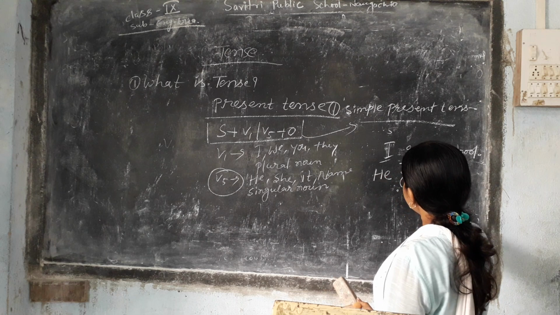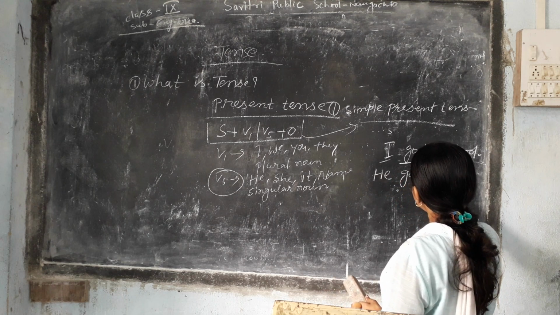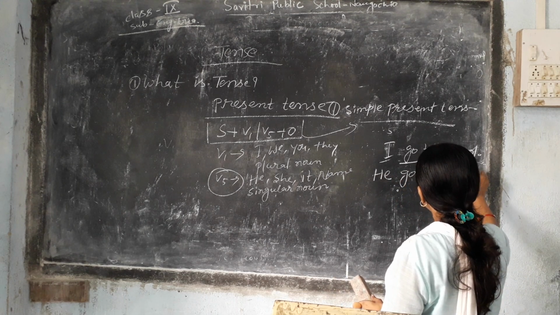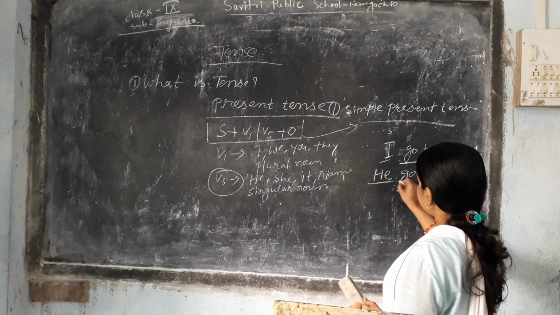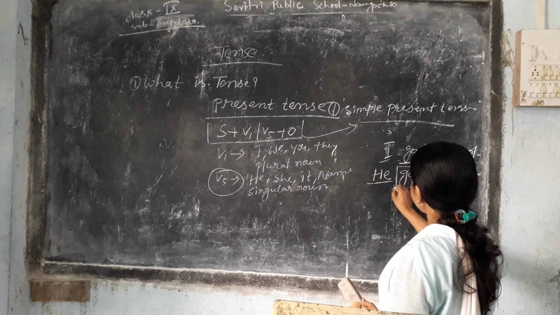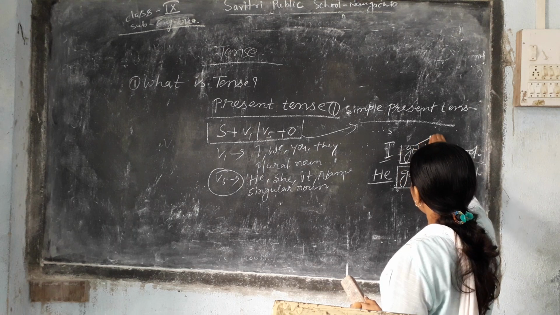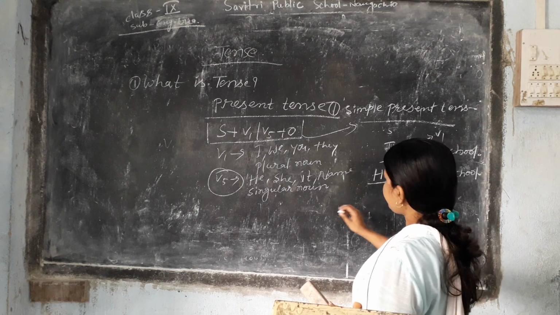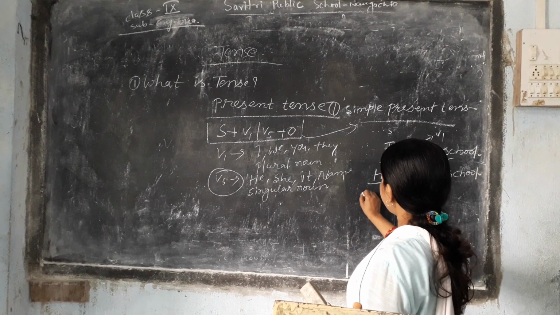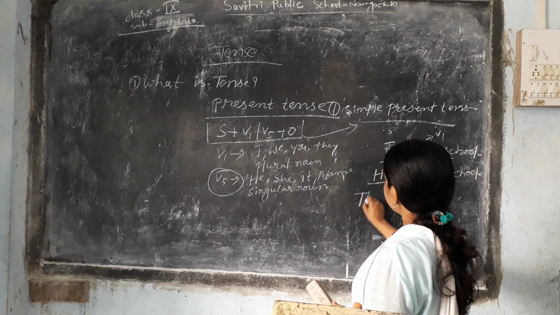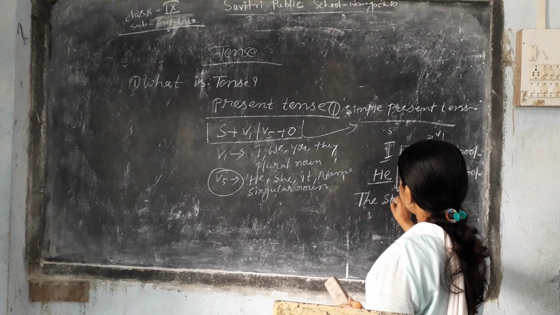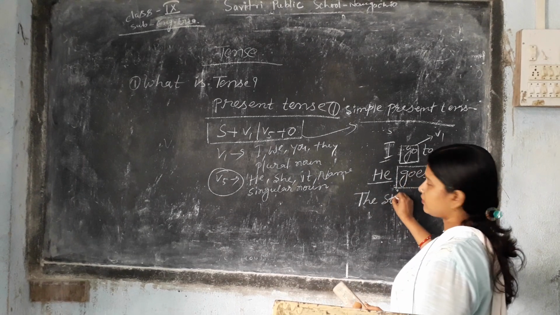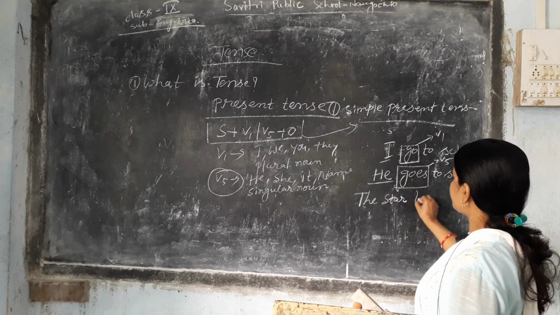He goes to school. With he, V5 is used here. V1 and this is V5. If I take a singular noun, star is here, singular noun. The star twinkles at night.